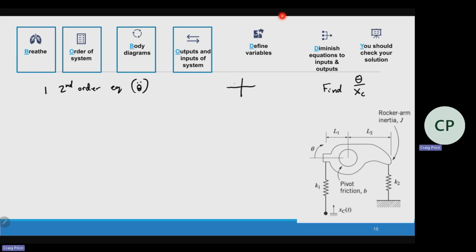And when it comes to inputs and outputs, that's also pretty easy. The input is the displacement, output is theta.